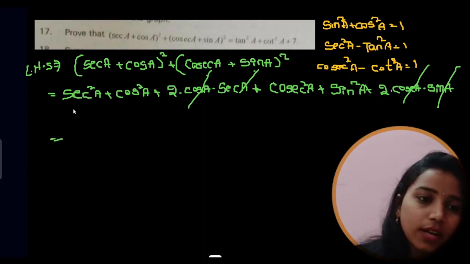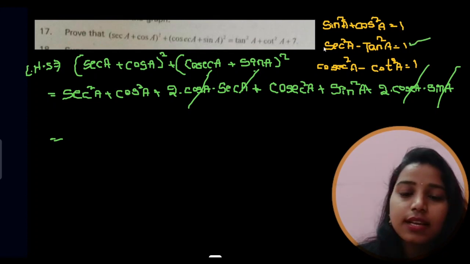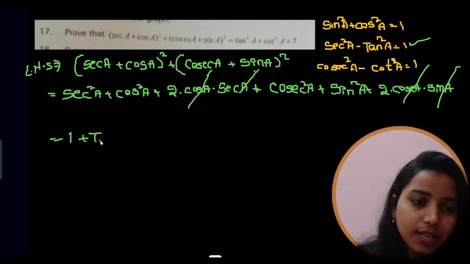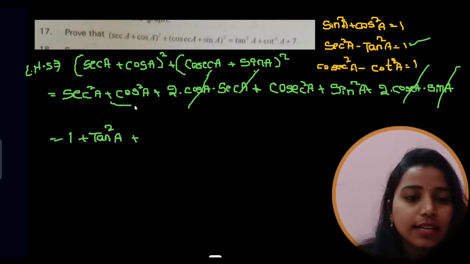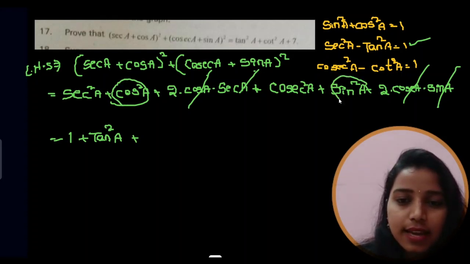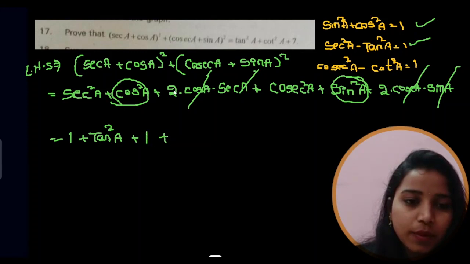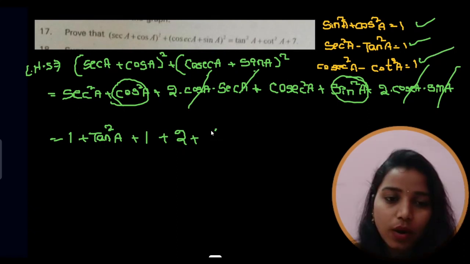But sec square a can be written as, you can see from this, 1 plus tan square a. So 1 plus tan square a plus cos square a and sine square a. The cos square a plus sine square a value, from this identity, will be 1. Plus this is 2, plus cosecant square a, which can be written from this equation as 1 plus cot square a, plus 2, right?